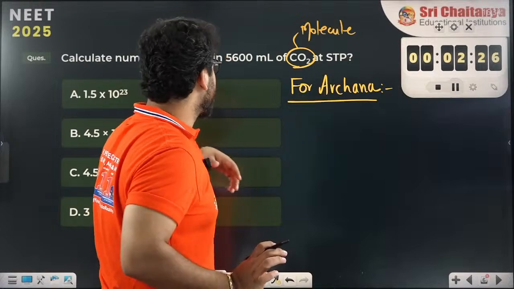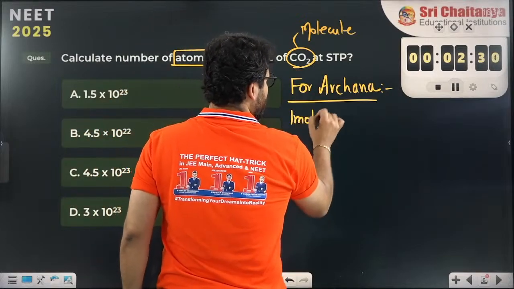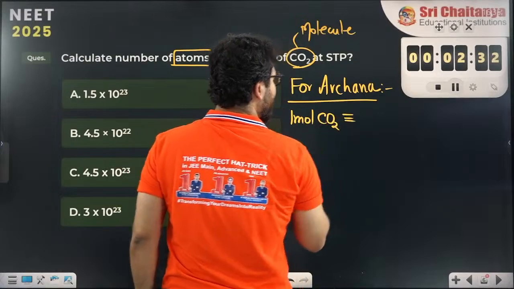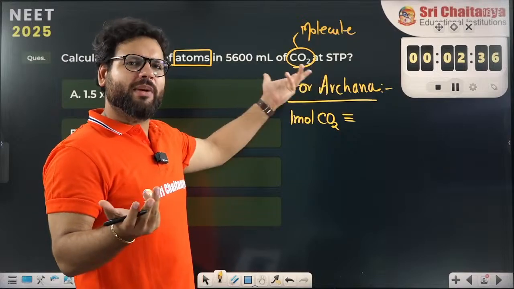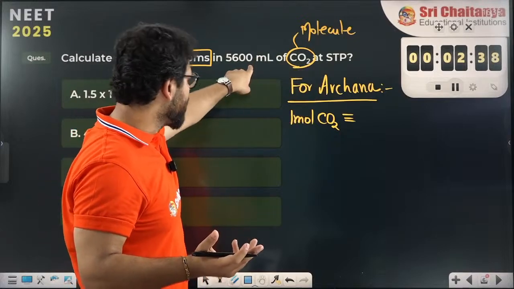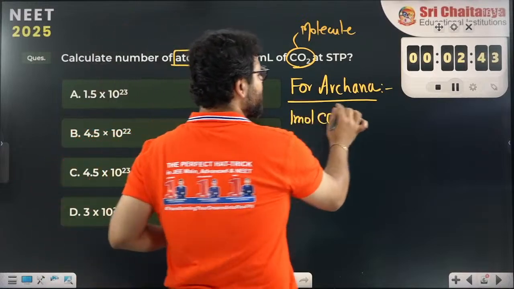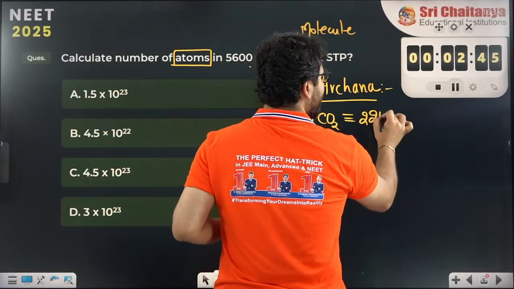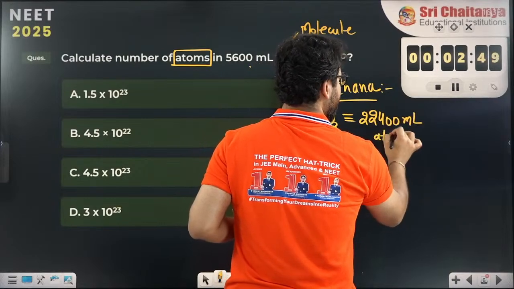So I'll use the unitary method. 1 mole CO2. Do I need the mass? I don't need the mass. I'll just talk about volume, molecules and atoms. 1 mole CO2 means 22.4 liter, or 22400 ml CO2 at STP.